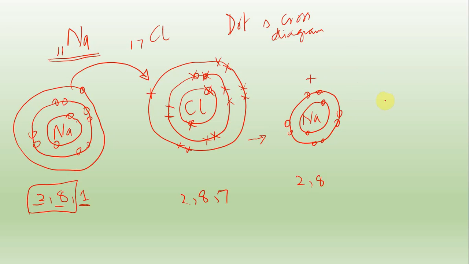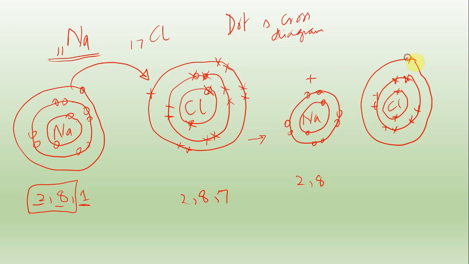And now look at the chlorine. 2 electrons in the first shell and 8 electrons in the second, and in the last shell 6 electrons plus 1 from the sodium, making 7 and then 8.